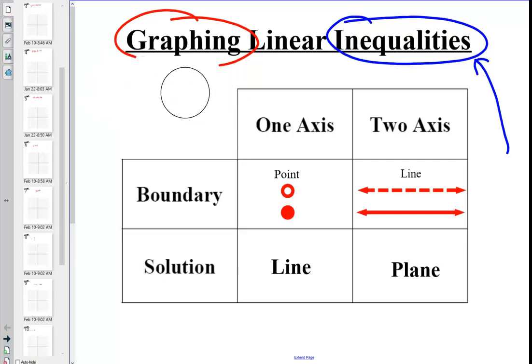Towards the beginning of the semester, you learned how to solve an inequality, and let's say we already finished solving and we get x is less than or equal to 4. Well, how many variables do you see there? One. So when it comes to graphing, one variable can be graphed on one axis.